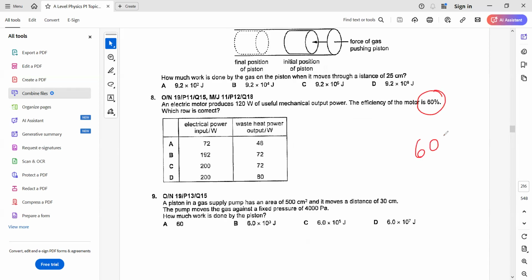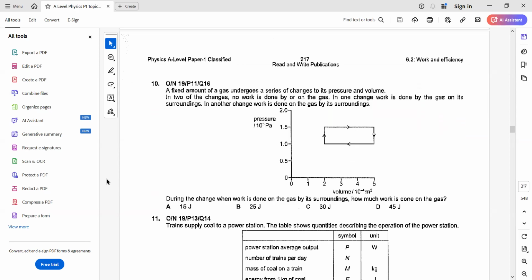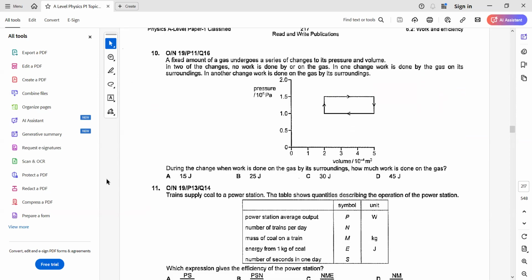This is 60% given. 68% is the efficiency. My bad. Okay. So let's try this question. Question 10.